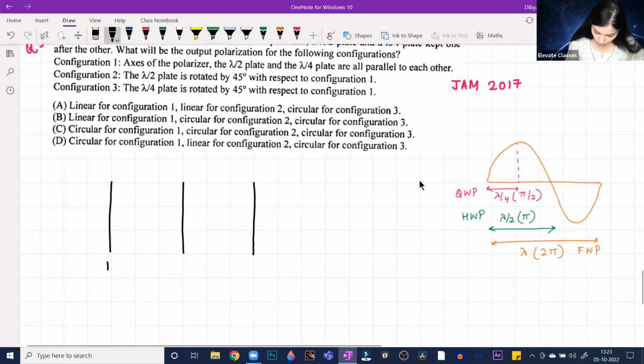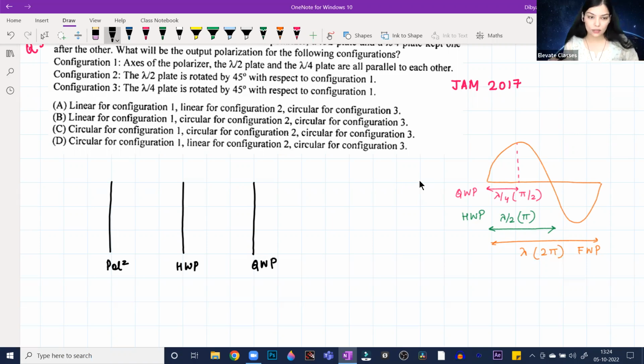This is my polarizer, this is my half wave plate, this is my quarter wave plate. What I have drawn in black are the orientations: this is the optic axis, this is the optic axis, and this is the pass axis. So this is configuration 1, and the axes are all parallel to each other.